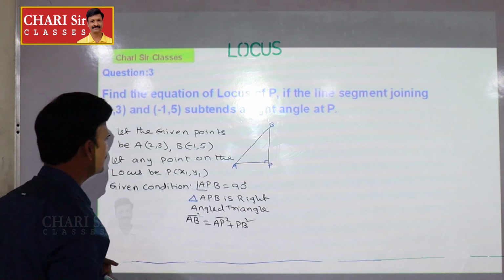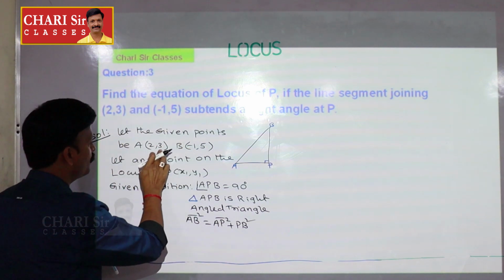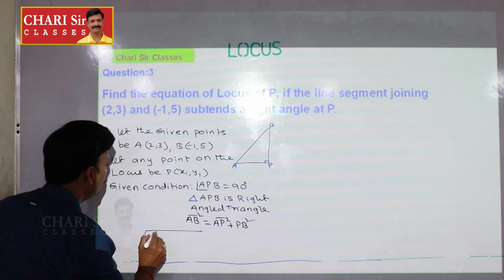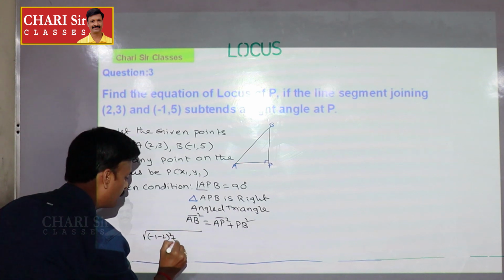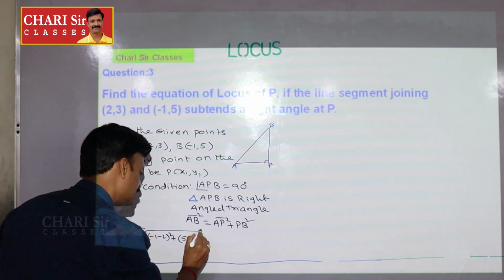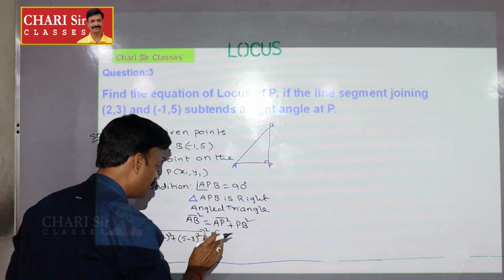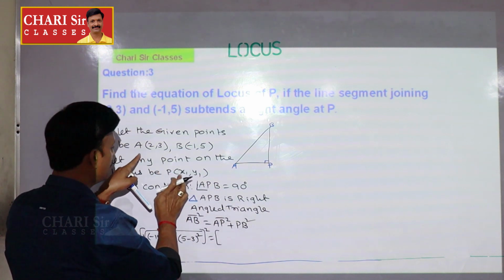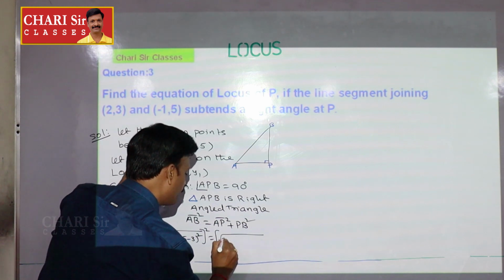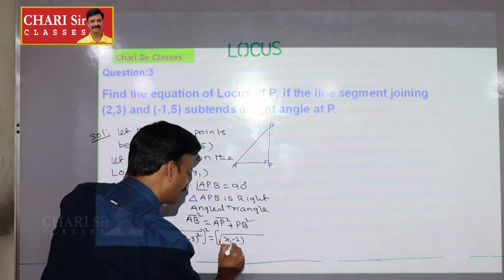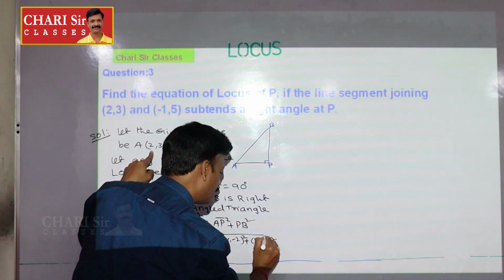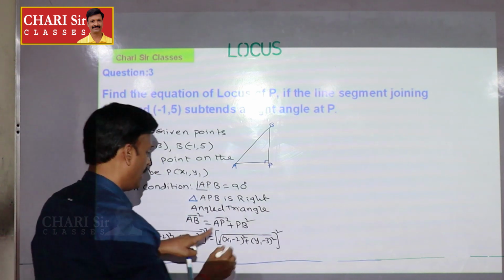Now, AB square means you can take A (2, 3), B (-1, 5). So you can write it as root of (-1 - 2) whole square plus (5 - 3) whole square, and for this whole square, which is equal to AP square. P is (x1, y1), A is (2, 3), so that is nothing but root of (x1 - 2) whole square plus (y1 - 3) whole square, this whole square, and plus PB square.